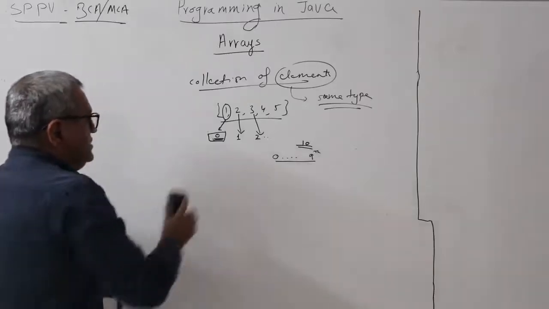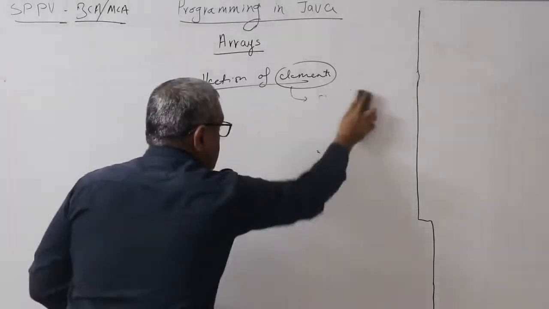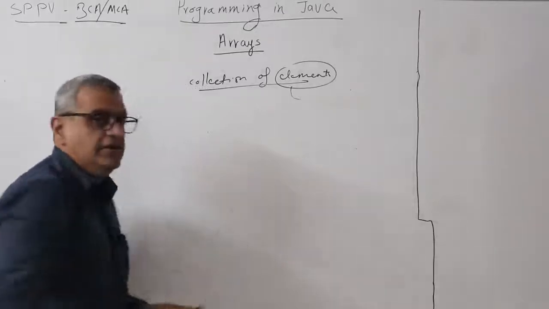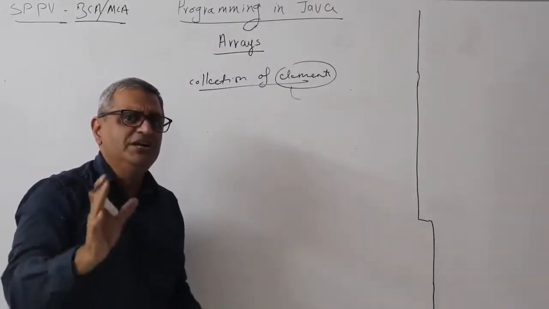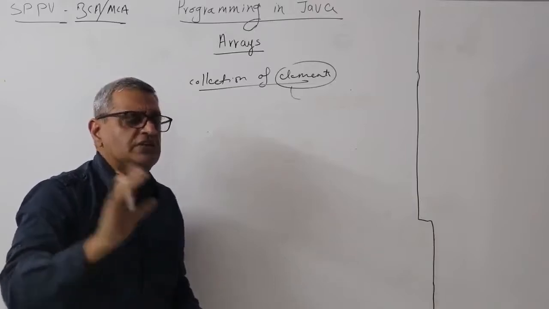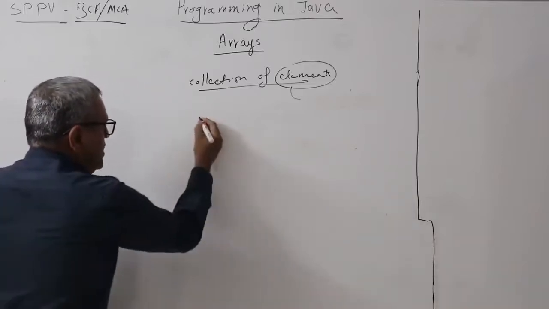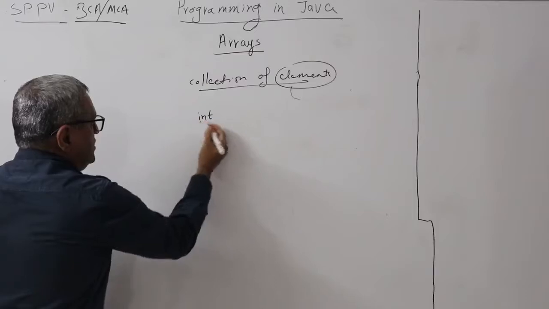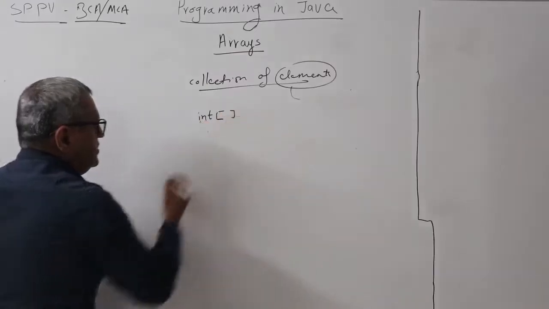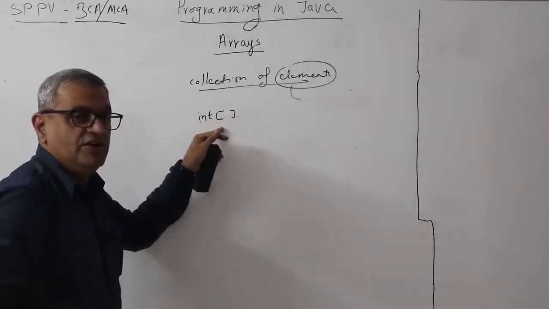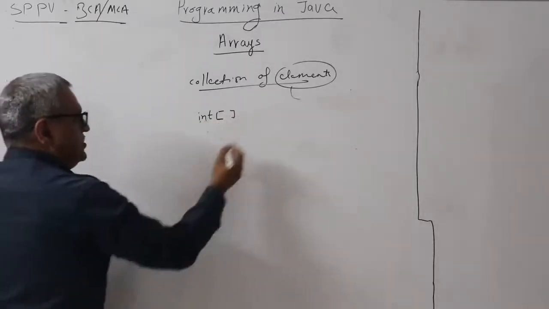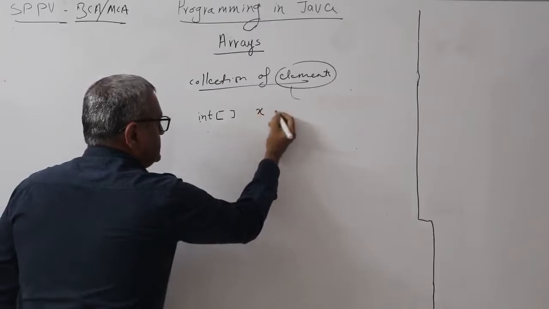Now let us understand how an array is declared in Java. Say, for example, I want to create an array of integers. Then in Java, please look carefully: int, square bracket open, square bracket close, and x.